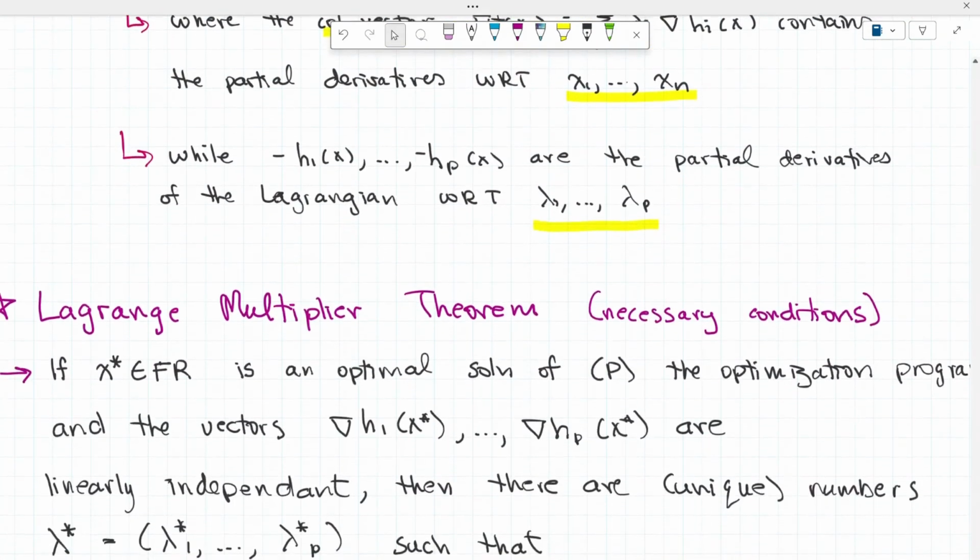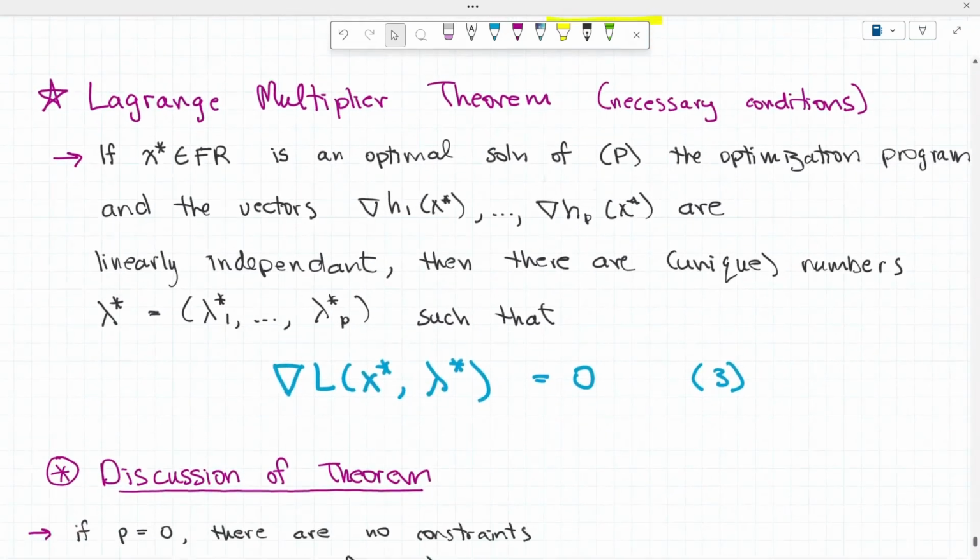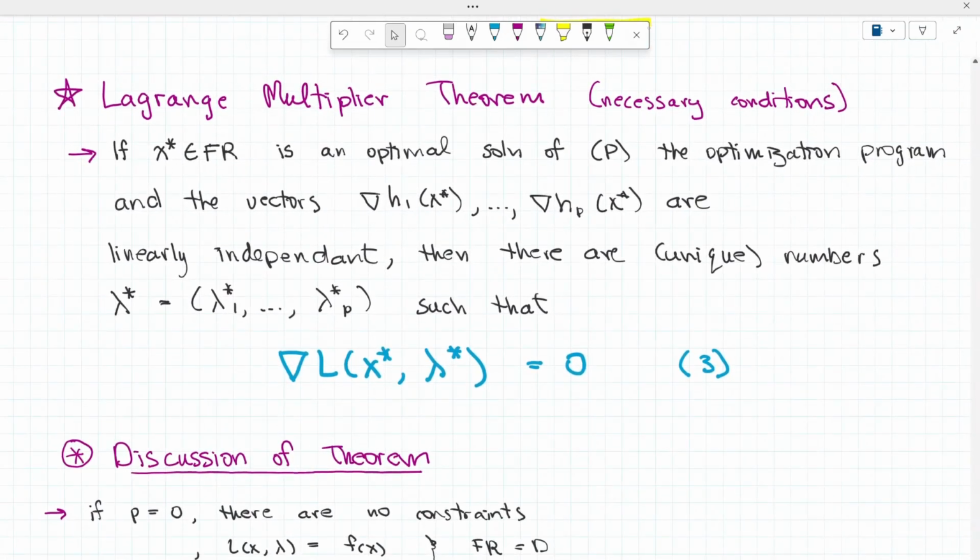And now let's dive into the Lagrange multiplier theorem. So these are the necessary conditions that we must have in order to compute this optimization problem. The theorem is as follows.